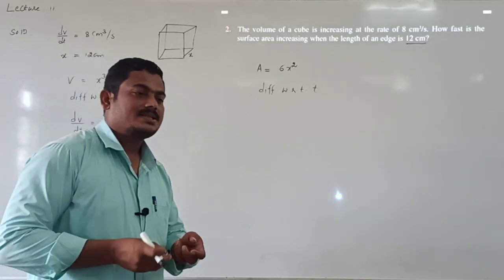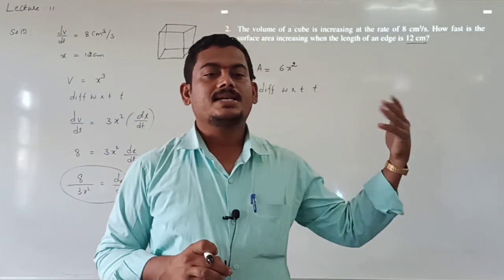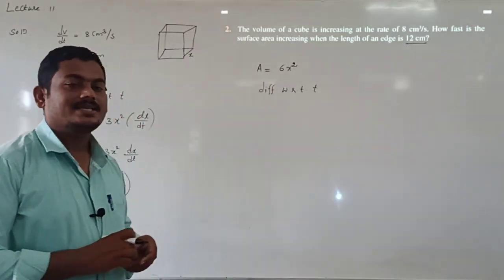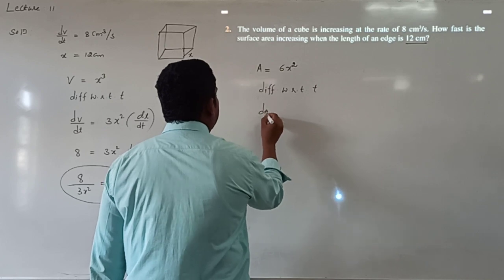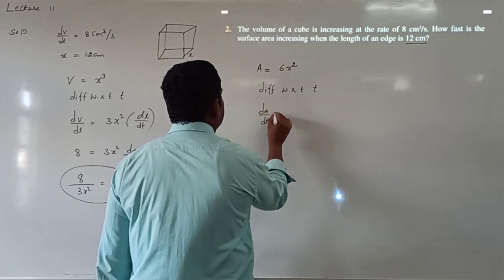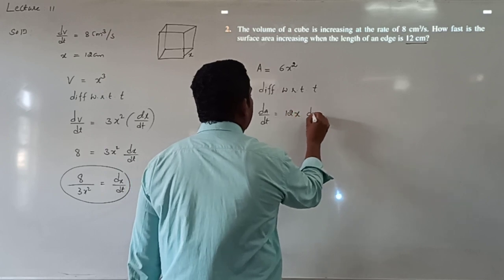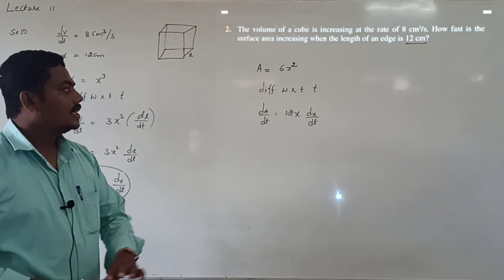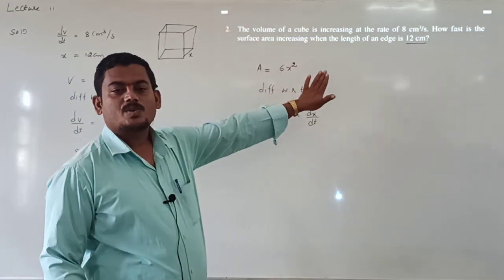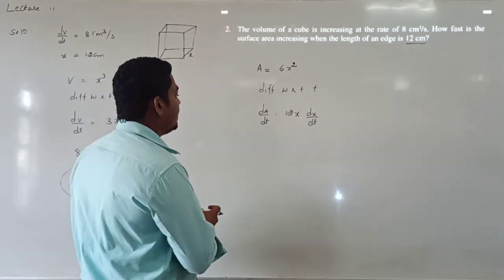All the parameters change with the same variable, either with time or with its edge length. So differentiate: dA divided by dt is equal to 12x into dx by dt. 6 remains as it is, x square gives 2x, inner function x, its differentiation dx by dt.